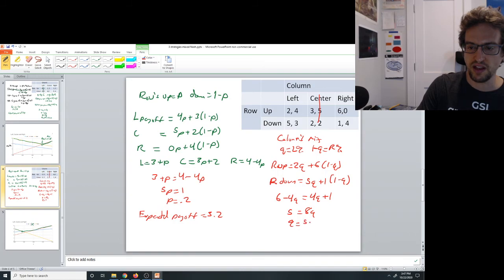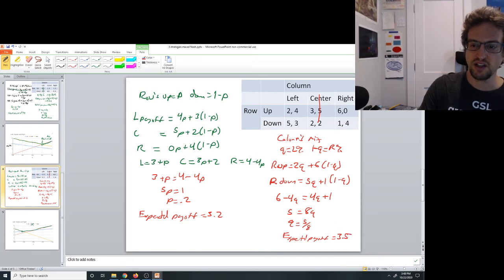Q equals 5/8. And the expected payoff from that, right, we can plug it in right here for this one. It's going to be 5 halves plus 1, which is 3.5.